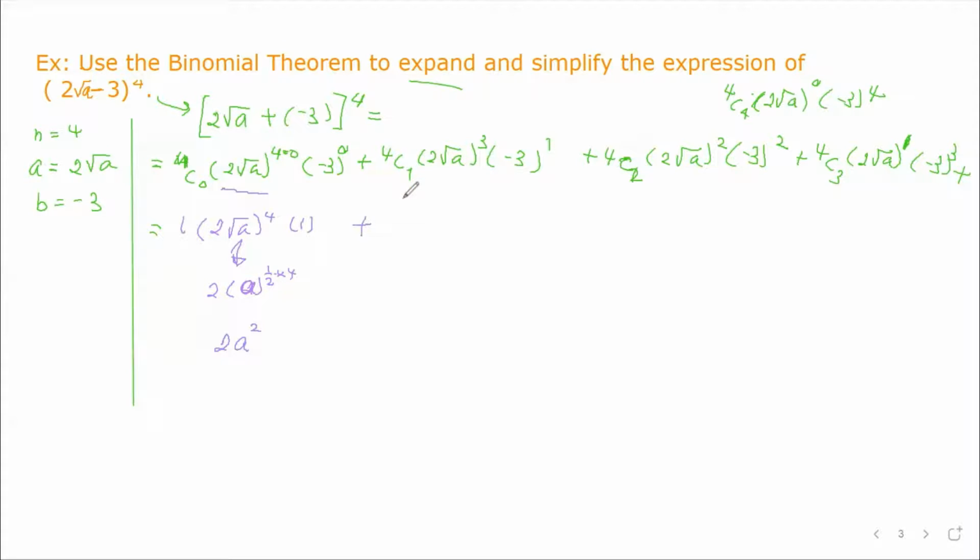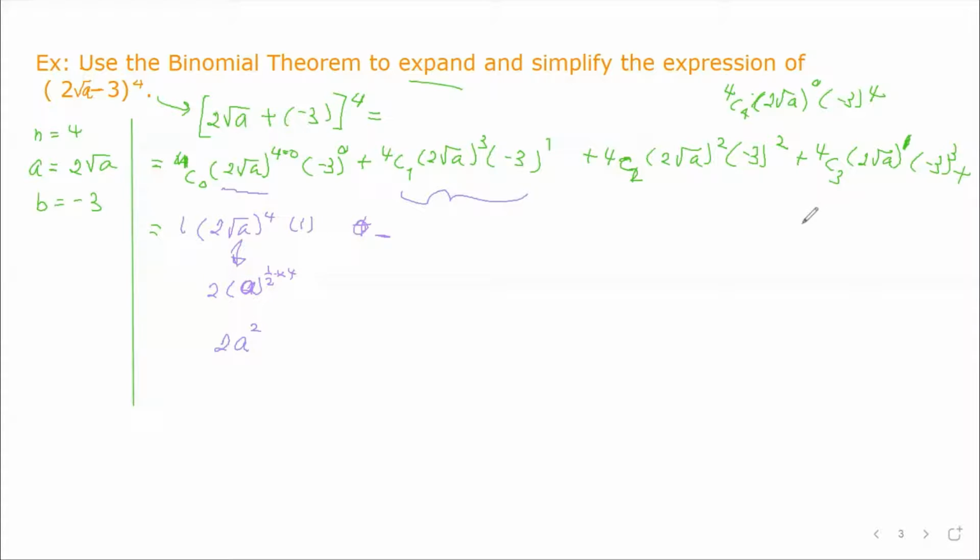Then this term you do the same way. I let you do it, but this one should be a negative sign, and simplify the same thing. You can leave it as a fractional index or leave it in surd form, the square root is okay, depending on what the question requests, but this one says nothing, so you can leave it in index or surd form.